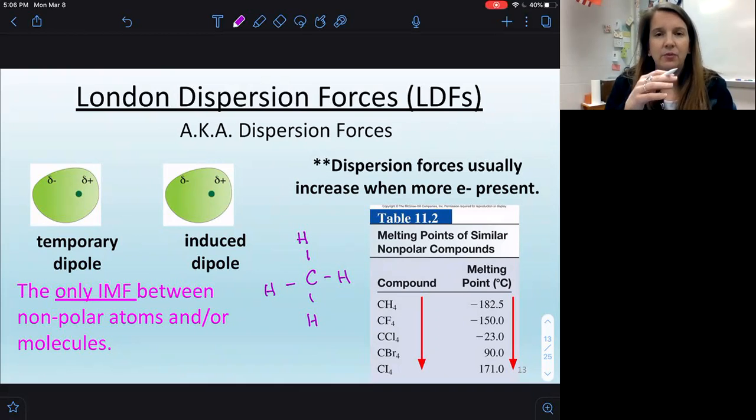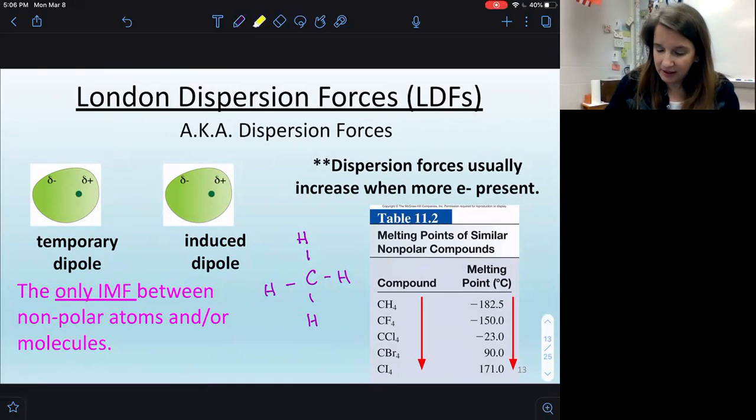Well, we also know that electrons are constantly moving. So as these electrons move, they create this temporary imbalance of charge within the molecule. So that's why these London dispersion forces are the weakest, because it's forming a temporary dipole. We don't have any dipoles drawn on this molecule of methane here.